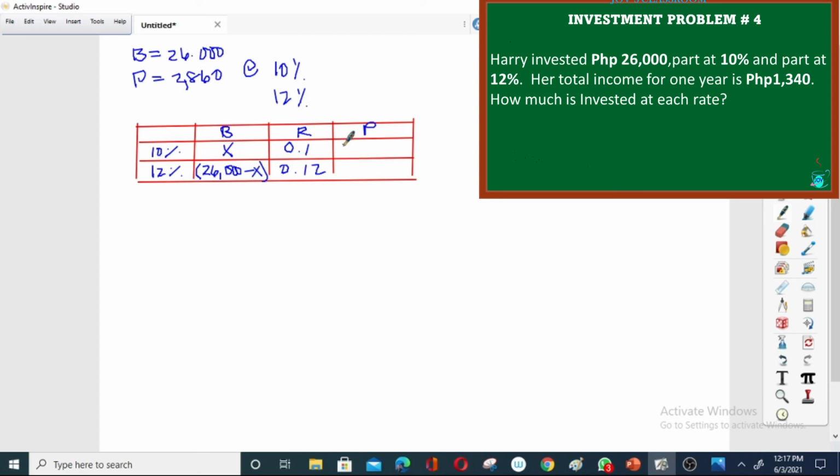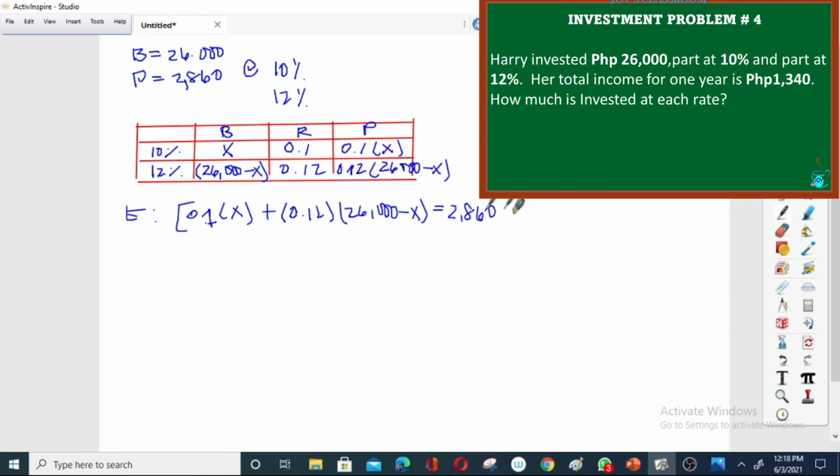So the equation is 0.1 multiplied by x plus 0.12 multiplied by 26,000 minus x is equal to 2,860.